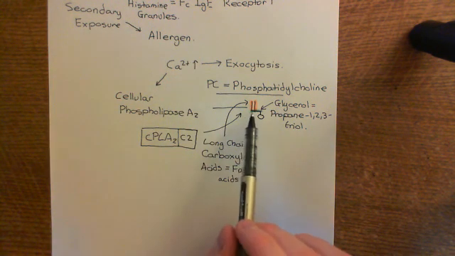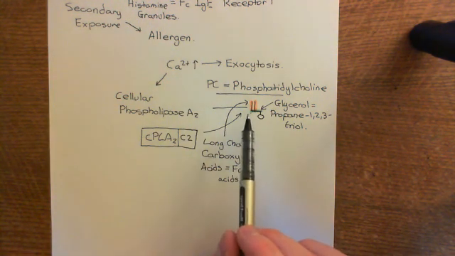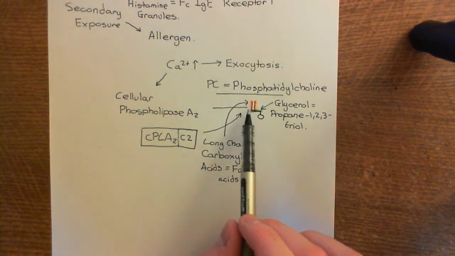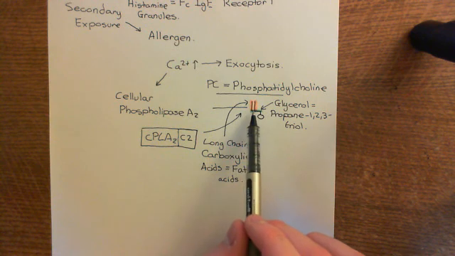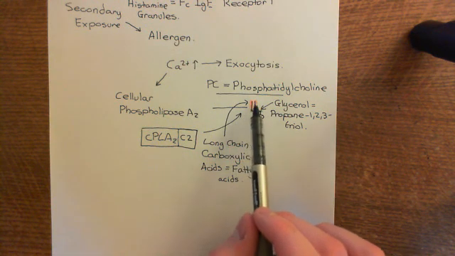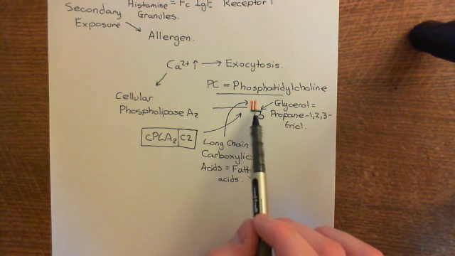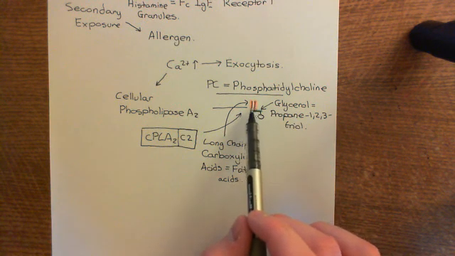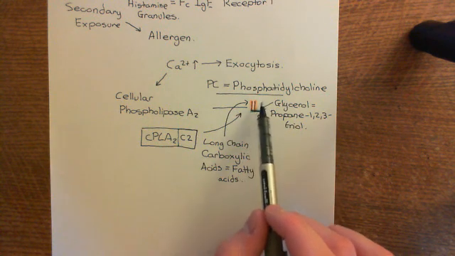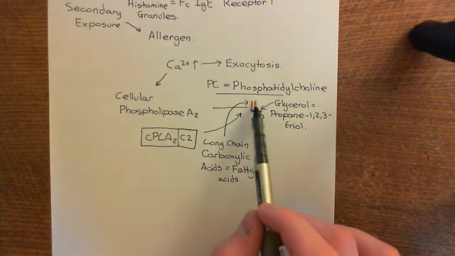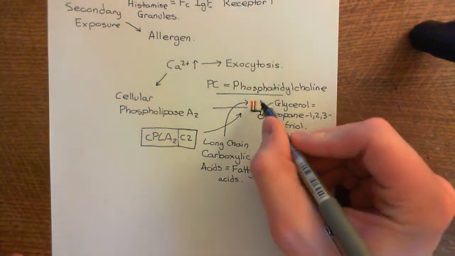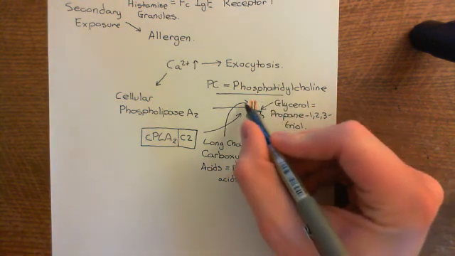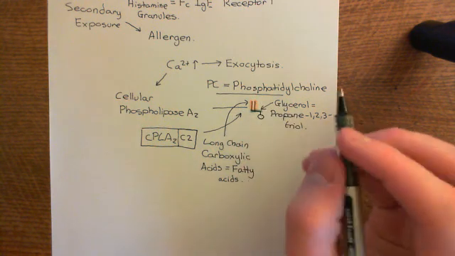You esterify two of them to the first and second alcohol groups of the glycerol molecule, and that is going to anchor the phospholipid within the phospholipid bilayer, because these are very hydrophobic molecules and interact well with the other hydrophobic molecules within the hydrophobic core of the phospholipid bilayer.